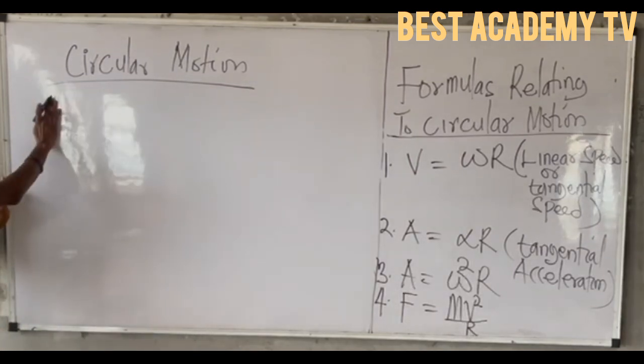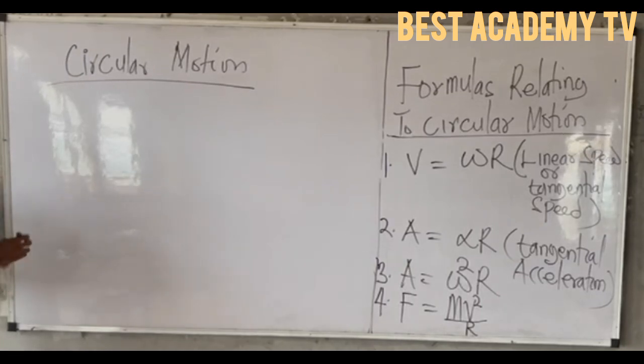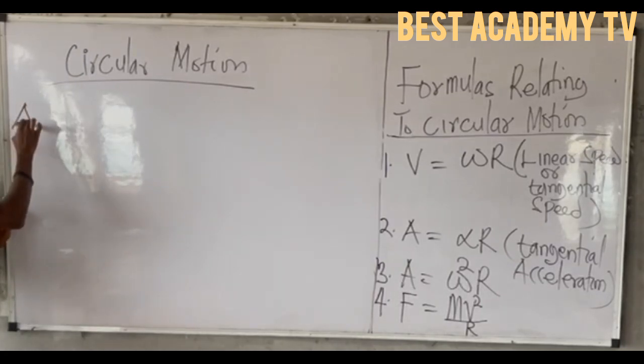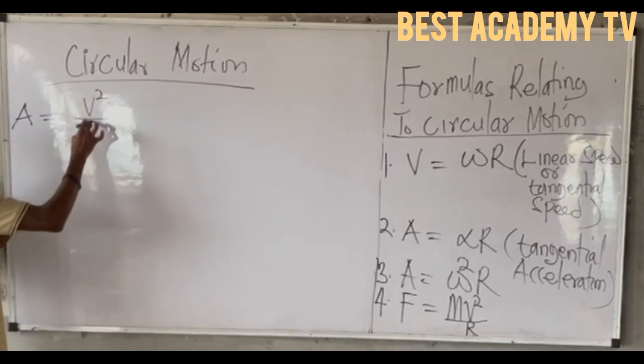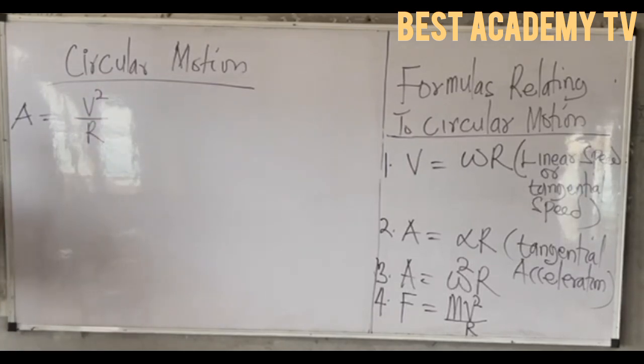Alright, we are asked to find centripetal acceleration, and the formula is a equals v squared over r. Please take note. You can use either a small letter or a capital to show acceleration. So let's see what is given to us.